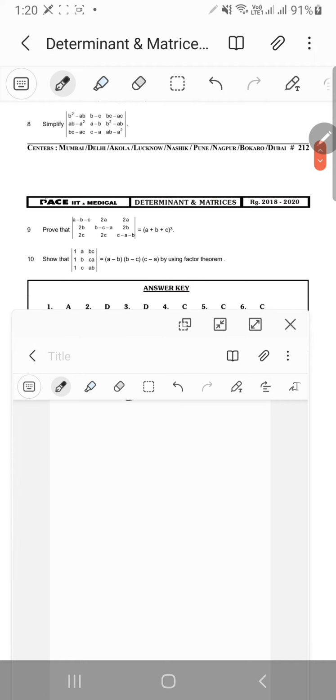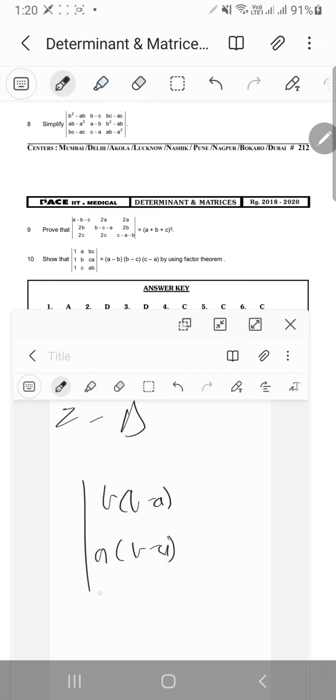Simplify this thing, b square minus ab. Okay, wow, b square minus ab minus a square. What one is this? Oh, hey, first of all, look over there. We can write it like this: b into b minus a, and then c into b minus a, and all the other stuff.